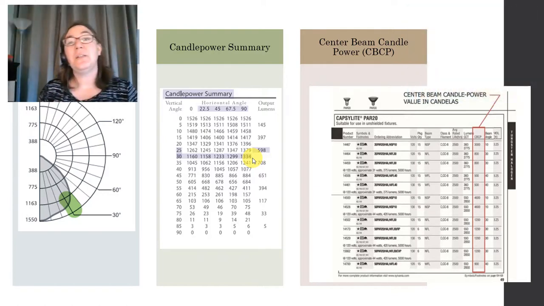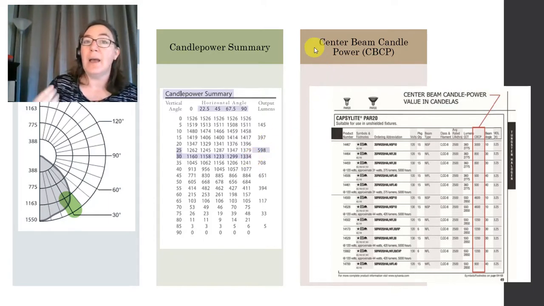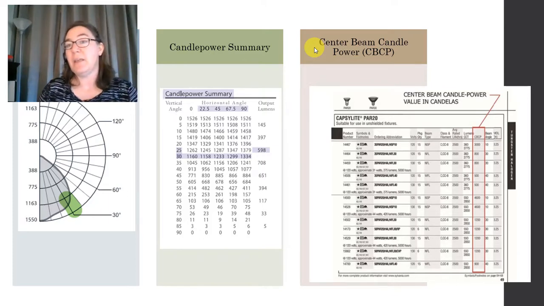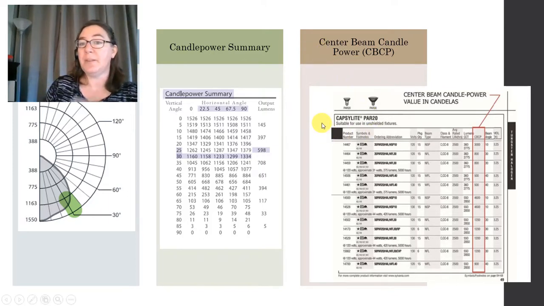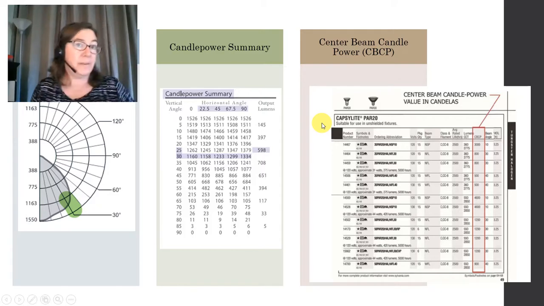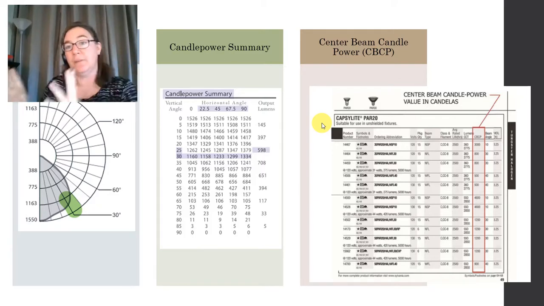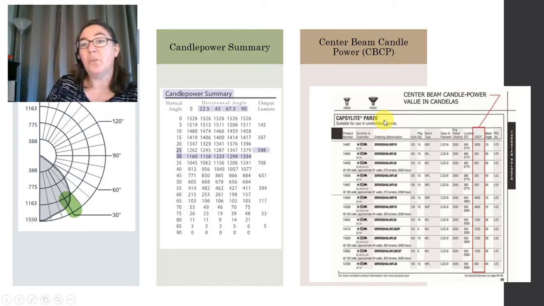All right, so the other thing you'll see that's even easier than those methods is the center beam candle power data. CBCP is what you might see, and this is an example here. It's a different luminaire. So those other ones are a separate luminaire. This is for a PAR 20 lamp specifically. And here's the spec sheet for that lamp.